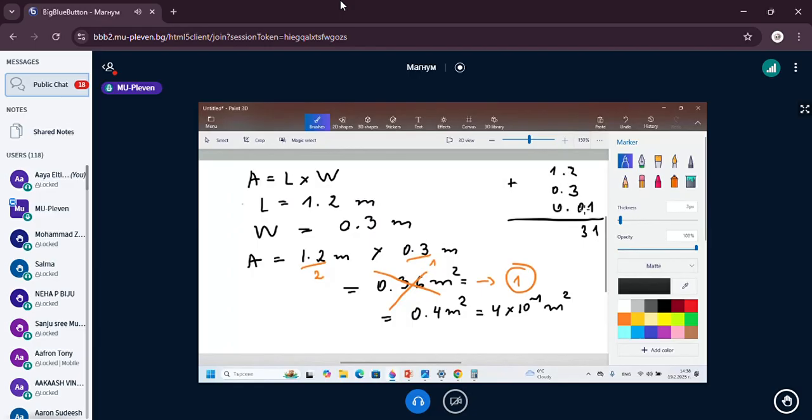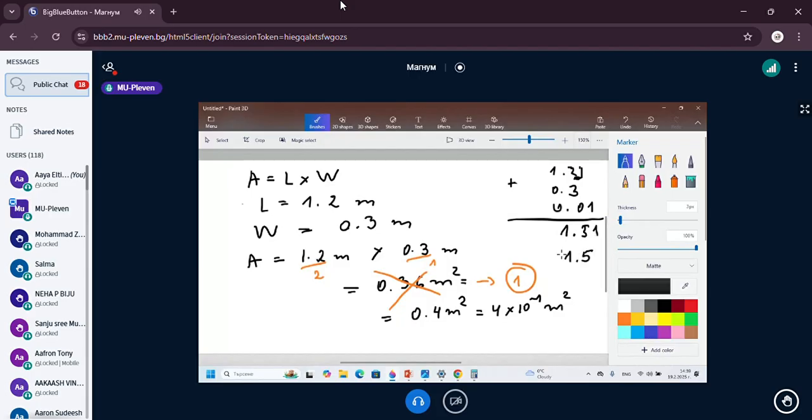So thus we've got here 5.1. But you see here the position of the uncertain figure, the leftmost position of the uncertain figure. The result is 1.5.